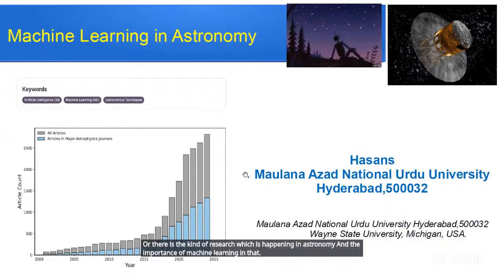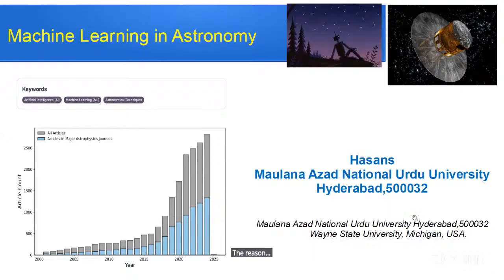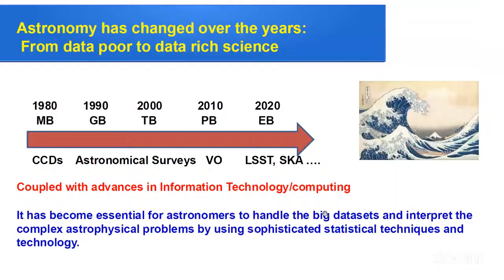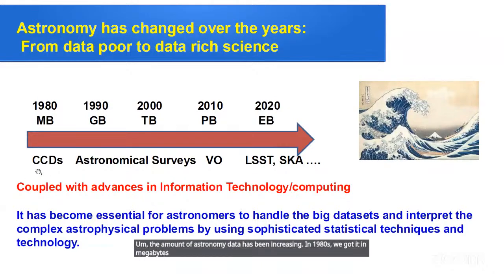The reason for this is, like Daniel said, the amount of astronomy data has been increasing. In the 1980s, we got it in megabytes, with CCDs collecting data.